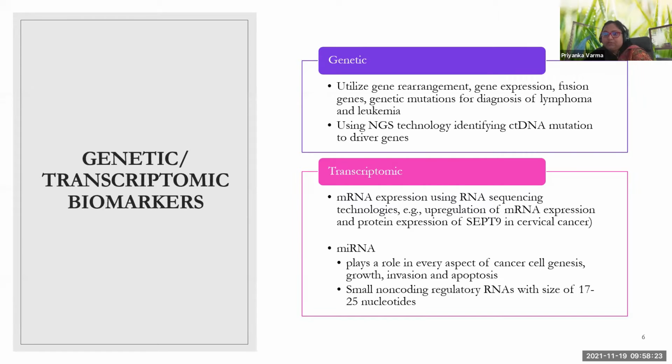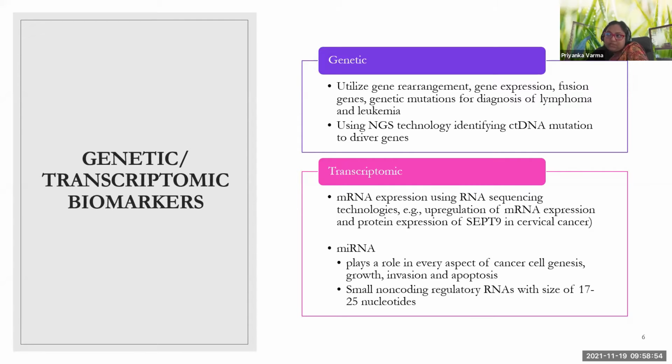With the advent of precision medicine, there has been an increased interest in researching further on genetic biomarkers, utilizing next generation sequencing technology, which is NGS technology, and identifying the circulating tumor DNA, which is ctDNA, mutations to the driver genes, transcriptomic biomarkers, epigenetic biomarkers, proteomic and metabolomic biomarkers as a diagnostic tool in oncology.